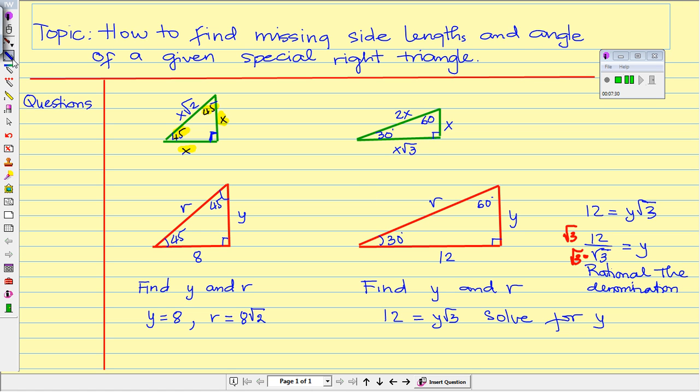Square root of 3 times square root of 3 gives you 3. So your y right now is 12 square root of 3 over 3.